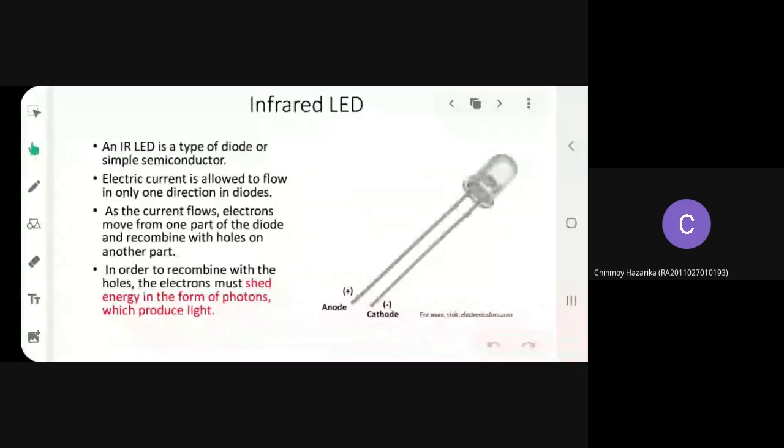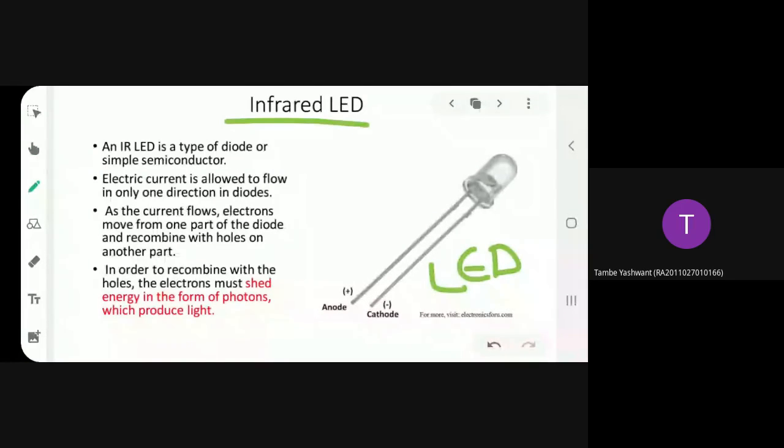What is this device representing? That pictorial representation figure. LED. Okay, so this is an LED, a light emitting diode only. So we are going to talk about the infrared LED.